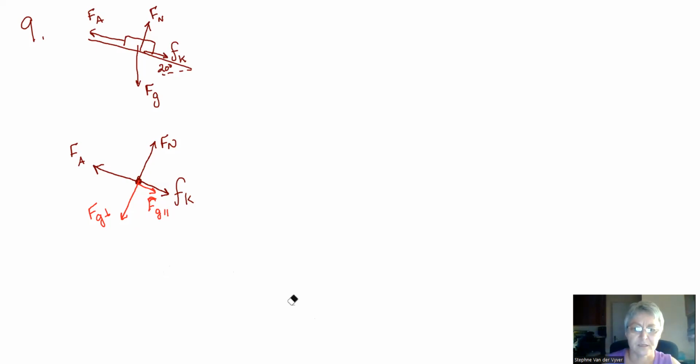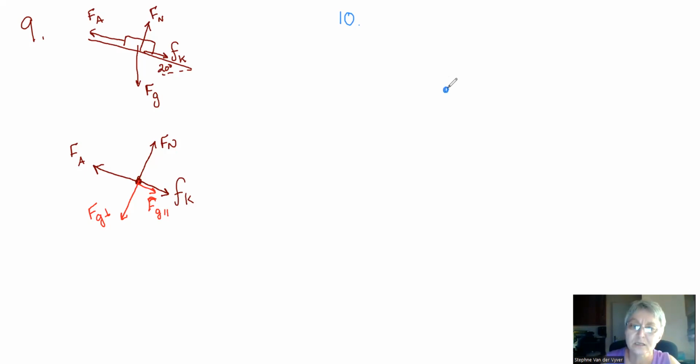Last one in this exercise is number 10. Number 10, an object is accelerated upwards by a rope in a vacuum. In a vacuum means that there is no friction or air resistance at all.